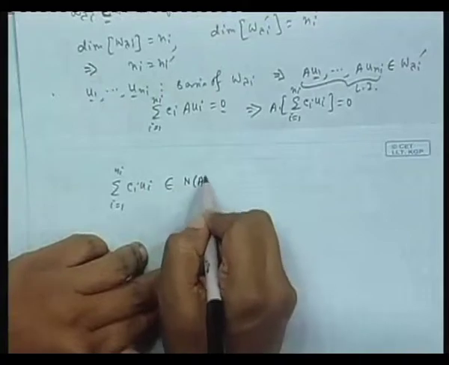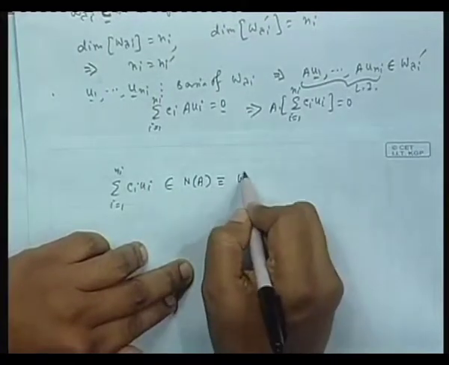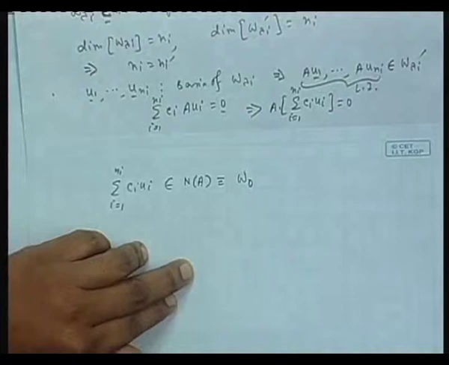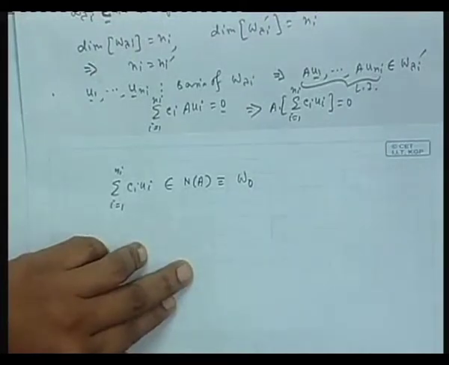What is the null space of A? Null space of A means W0, that is the eigen subspace corresponding to the eigenvalue 0.